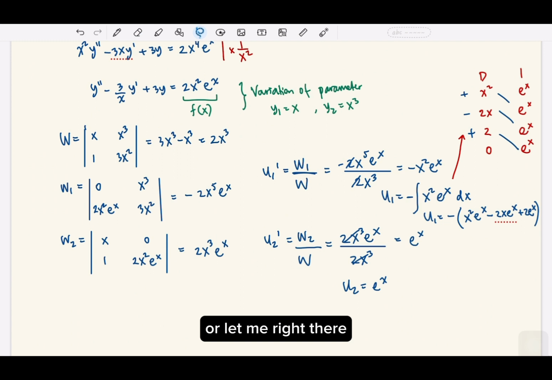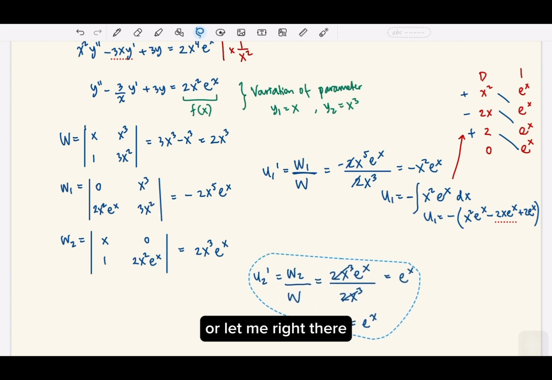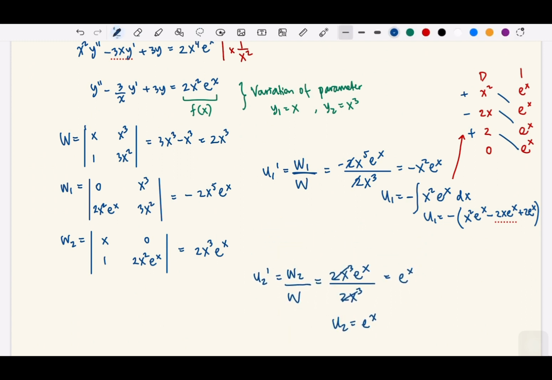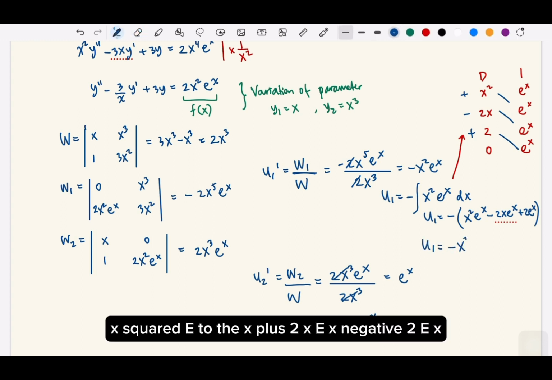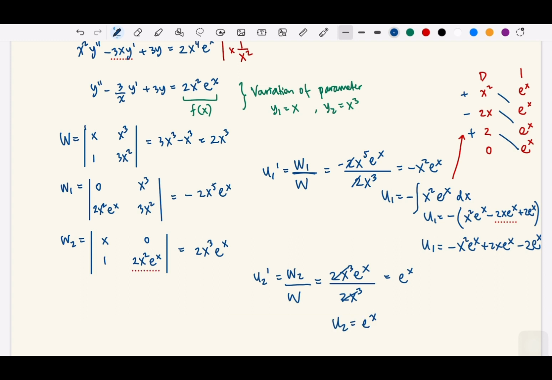Or let me write there. Or this will be negative x squared e to the x plus 2x e to the x minus 2e to the x.